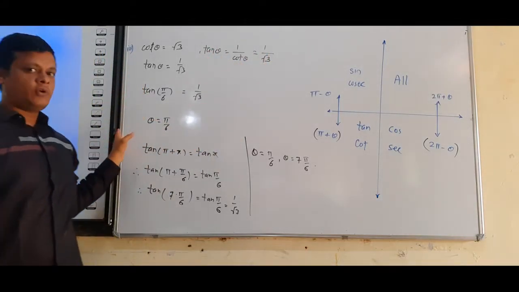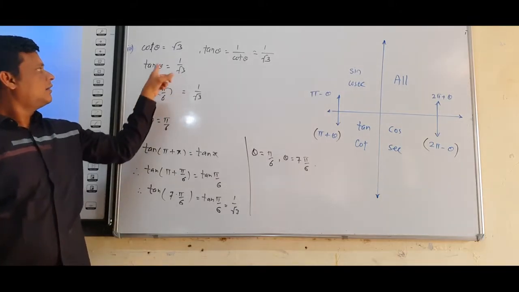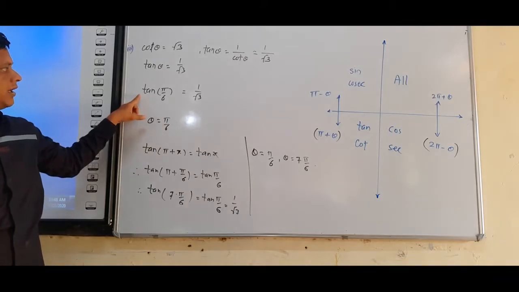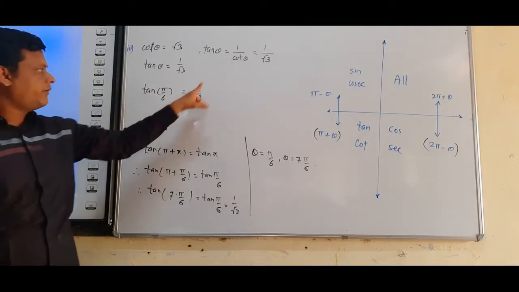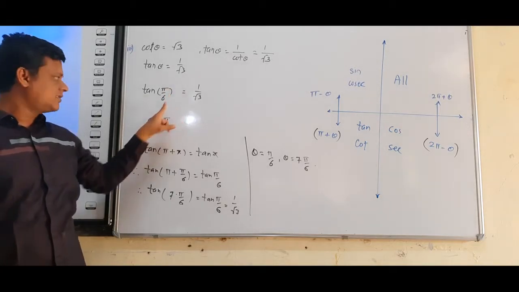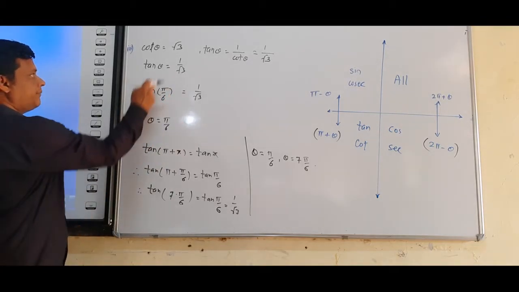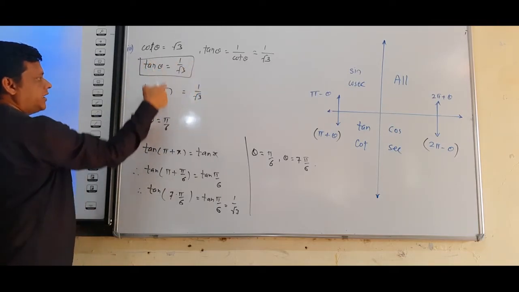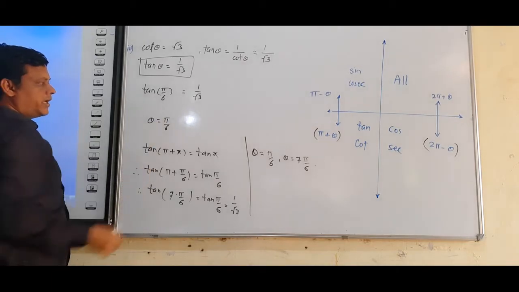Now we have to find from the chart for which angle we get the value 1 by root 3. For the angle tan 30, we get the value 1 by root 3. So we write here, instead of 30, pi by 6. So after comparing, we get theta equals pi by 6.